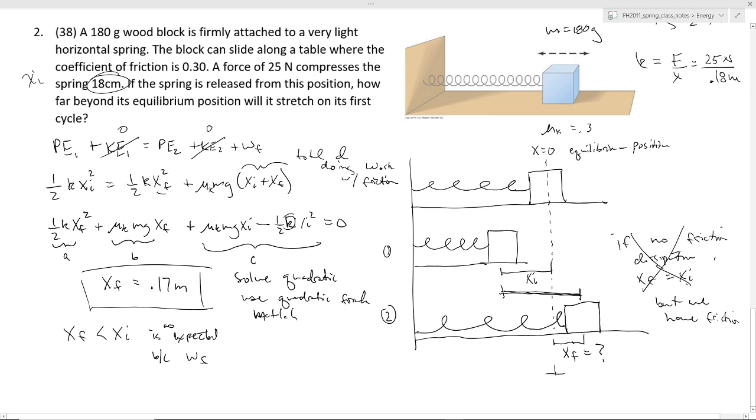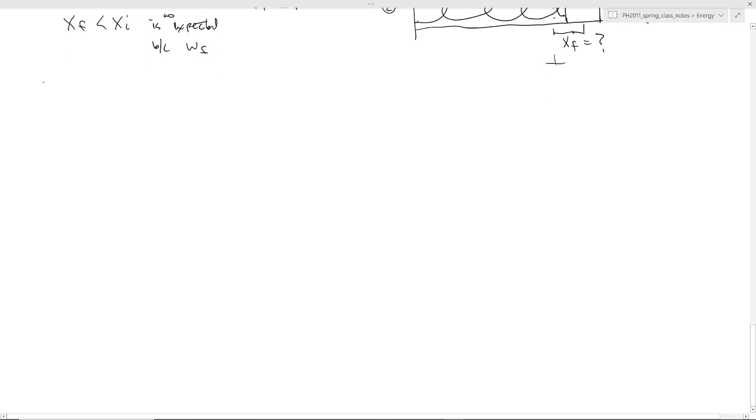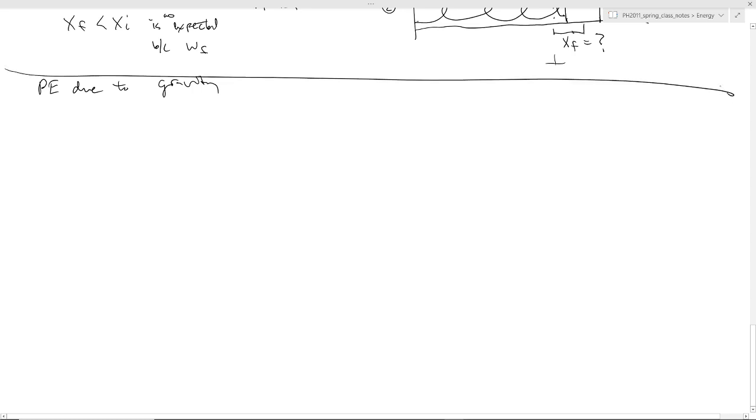So I want to talk about basically one major other topic and one minor topic in our last 10 minutes or so here. And that is the potential energy due to gravity. So this is a little bit changing gears, but this is basically the next section.